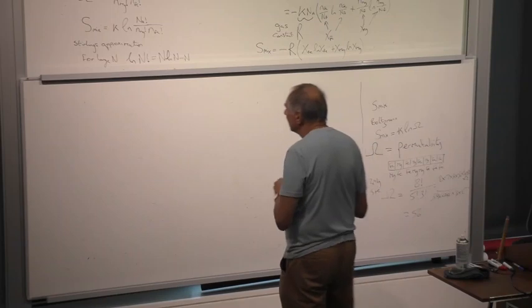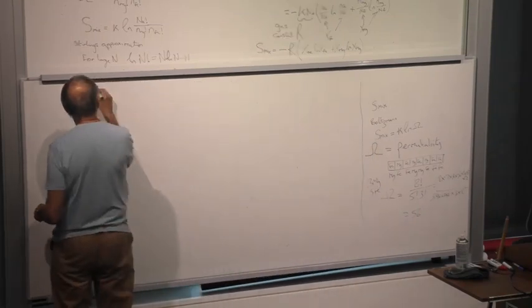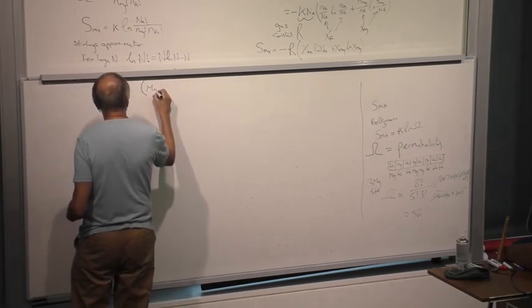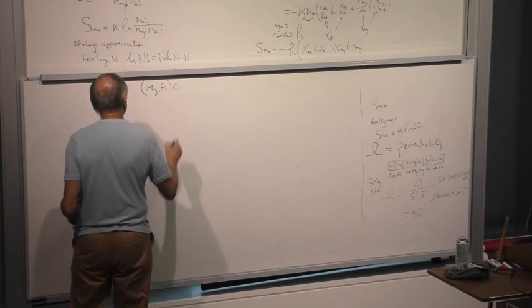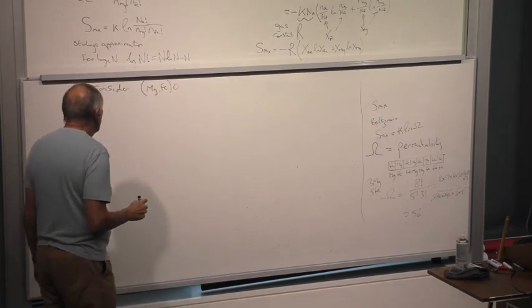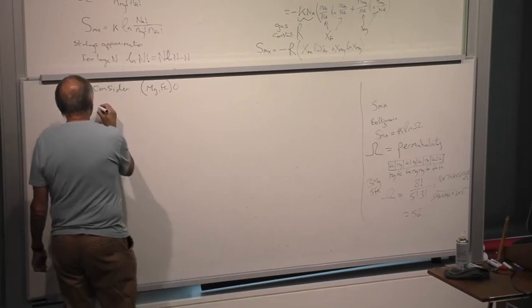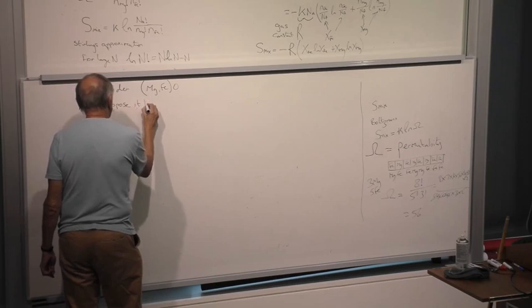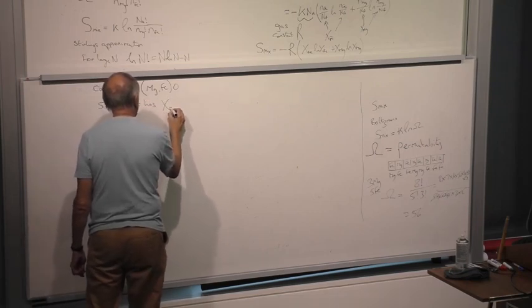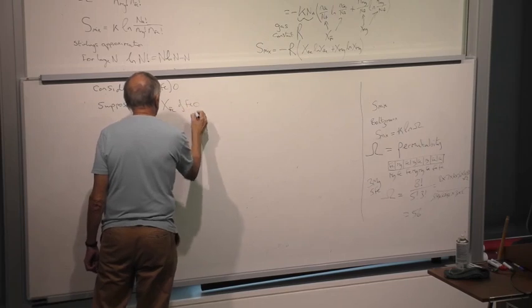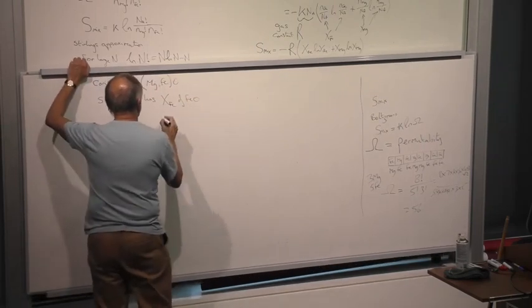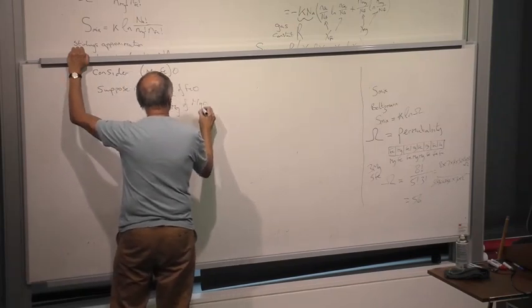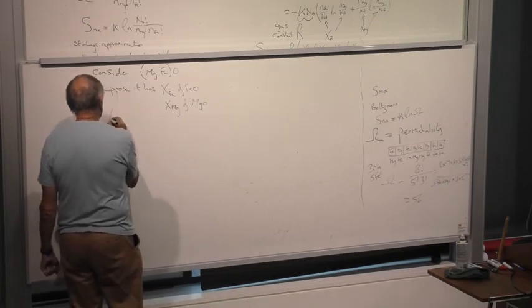So let's consider MgFeO, and let's suppose it has XFe of FeO and XMg is a mole fraction of MgO. And of course XFe plus XMg equals 1.